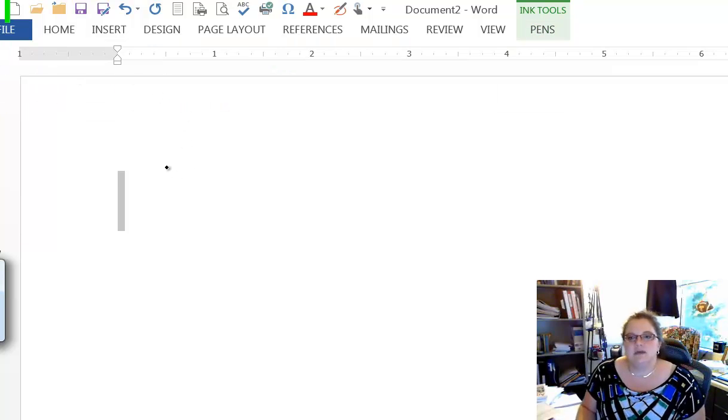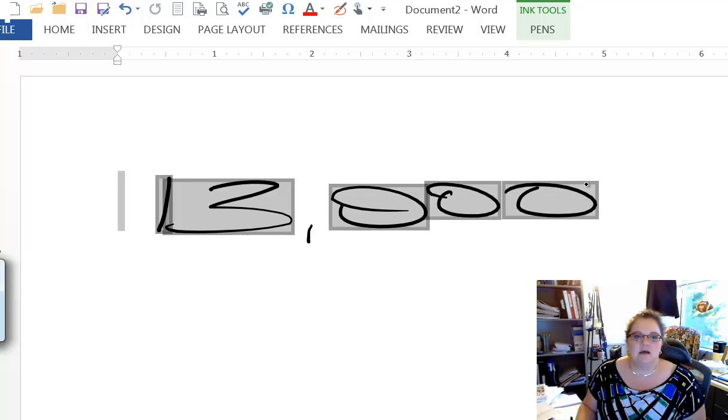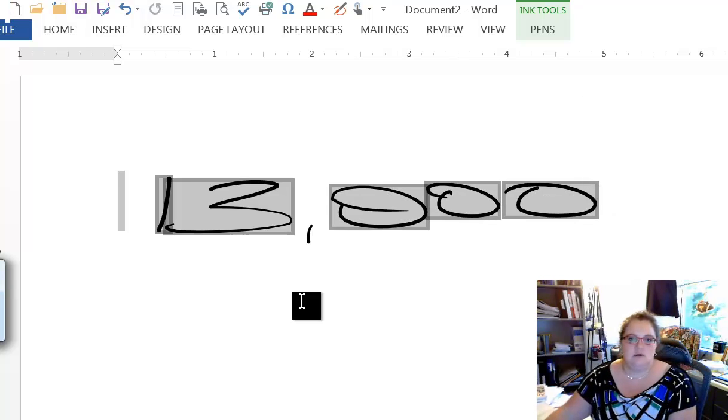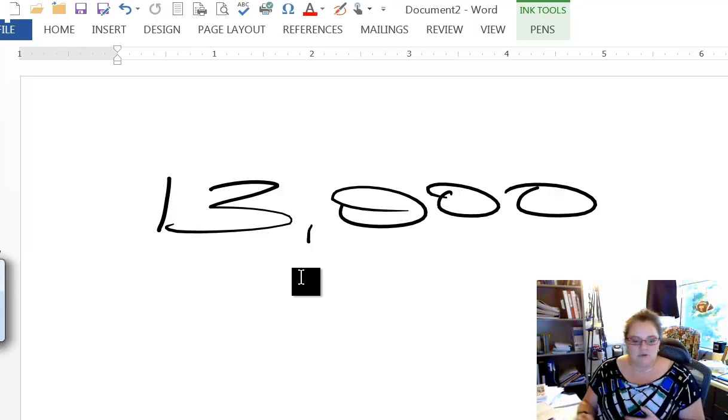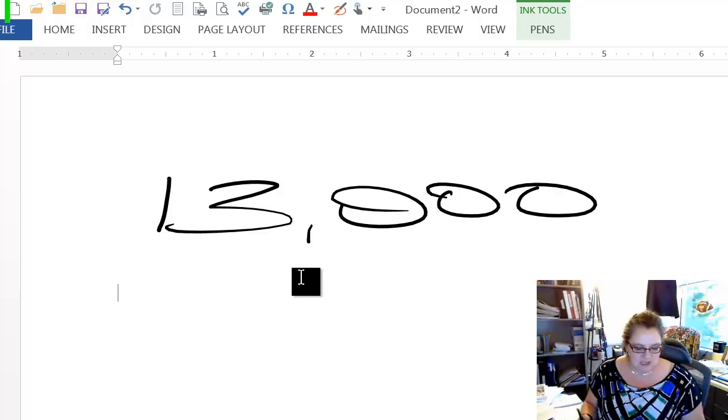Okay. So let's say that your employer has 13,000 hours a year. You have 13,000 hours a year as the total number of hours that all of your employees work.